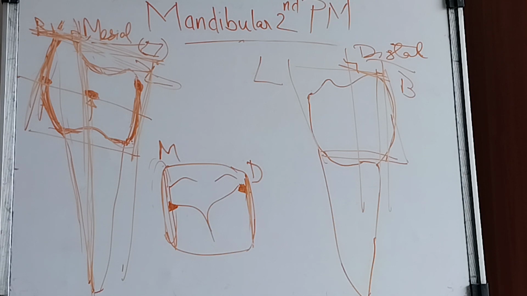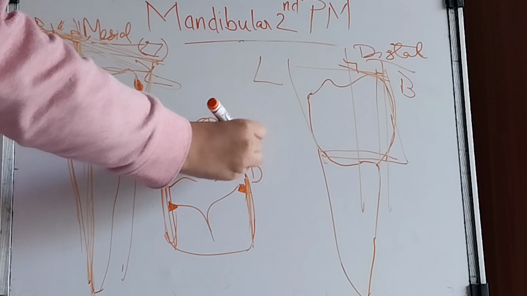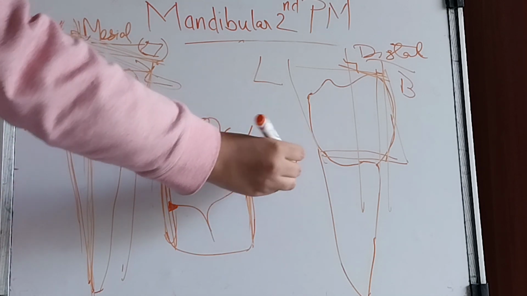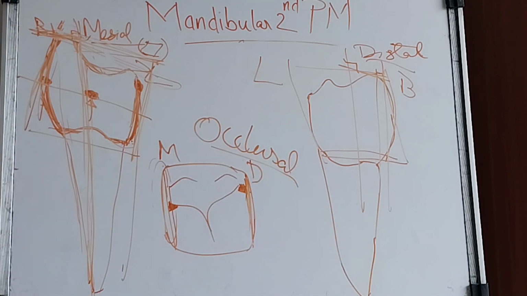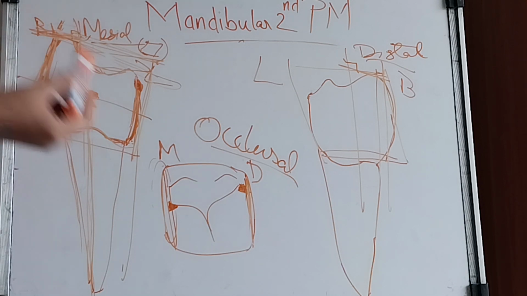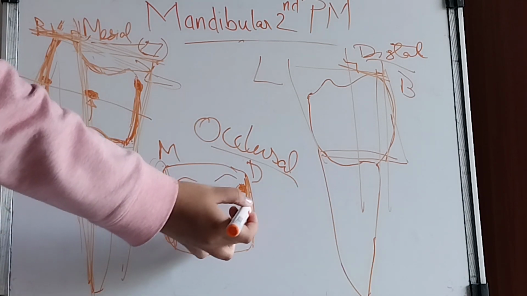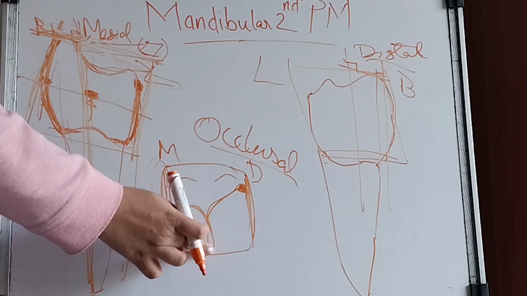Coming on to the occlusal aspect. What can we see over here? There are two forms. I had told you this before. There is the 3 cusp type, that is the Y groove pattern, and the 2 cusp type, which can be U or H groove. Here I have drawn the Y groove pattern, and it is the 3 cusp type.